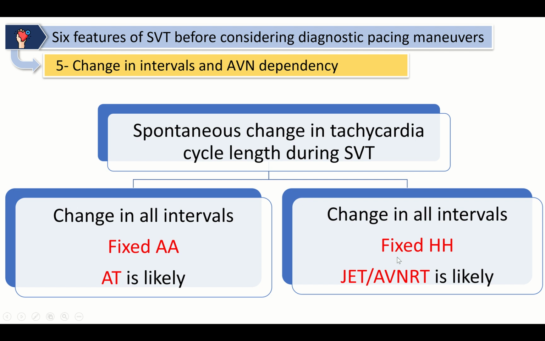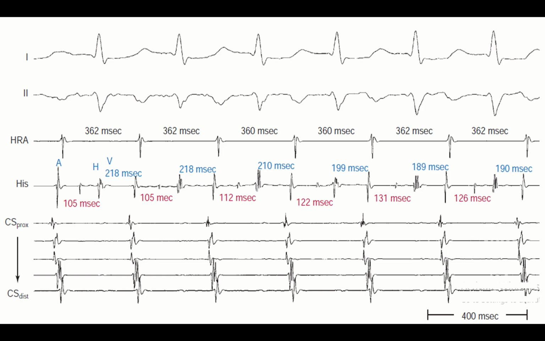On the other side, if the tachycardia has a fixed HH interval and all remaining intervals change, it may be junctional tachycardia and occasionally AVNRT. And this is an example of wobble in tachycardia, in which we can see the atrial cycle length fixed and the HV interval changing in all cycle lengths.